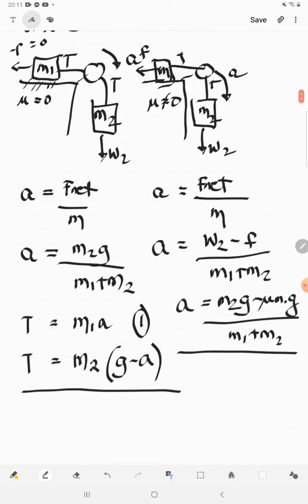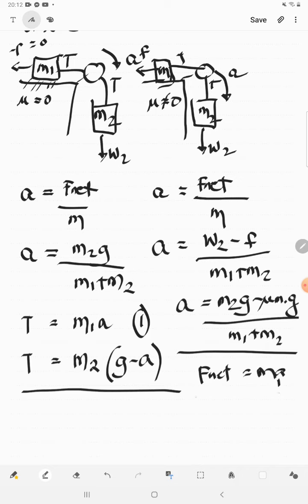In like manner, to find the net force across M1, F net equals M1A.